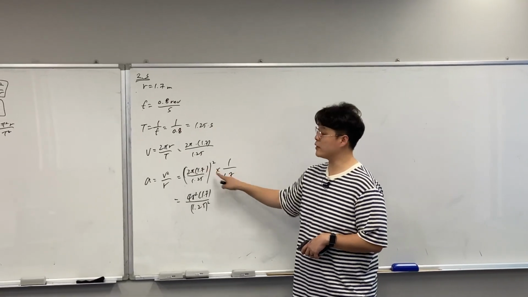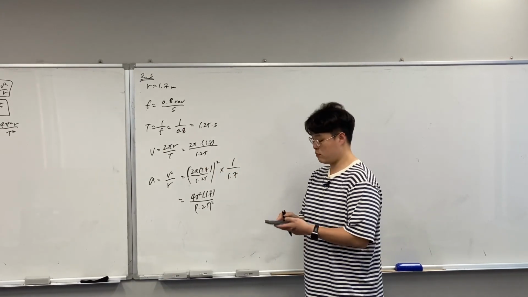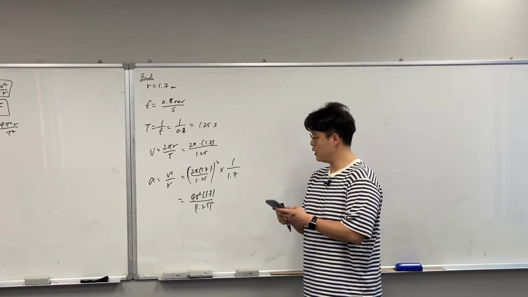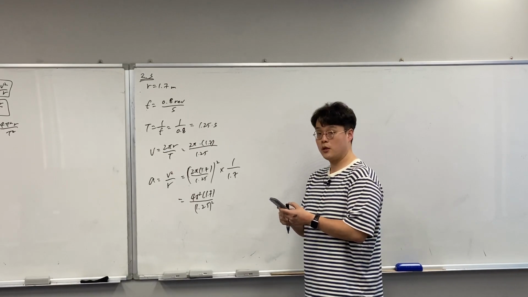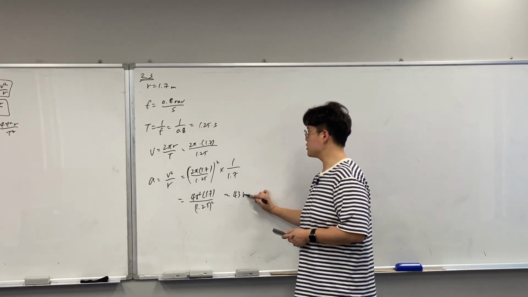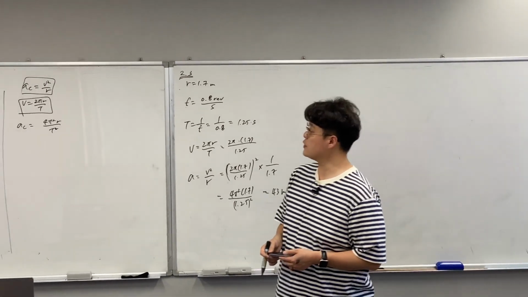The 1.7 is cancelled because it's squared and we have 1 in here. So, time to use your calculator: 4 pi squared times 1.7 divided by 1.25 squared. You should get 43 meters per second squared for the acceleration in 2 sig figs.